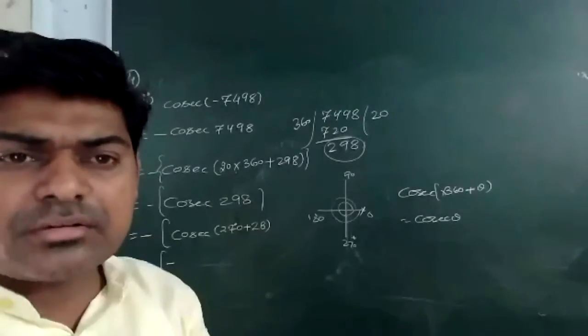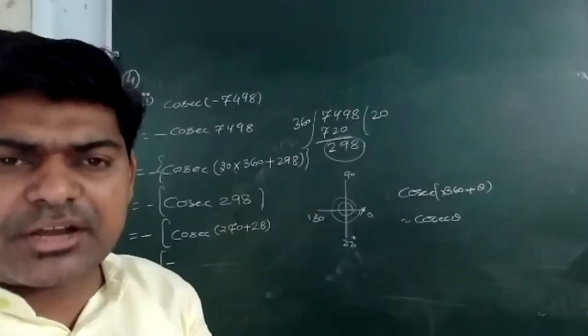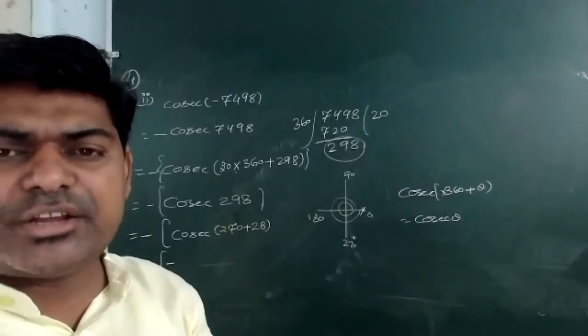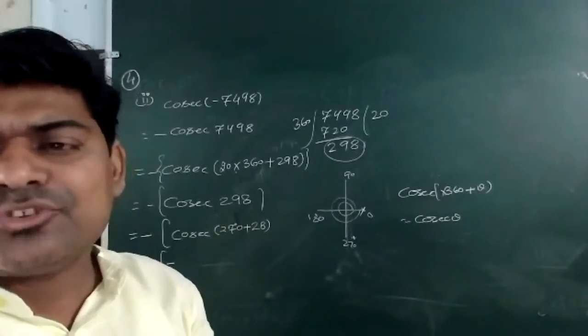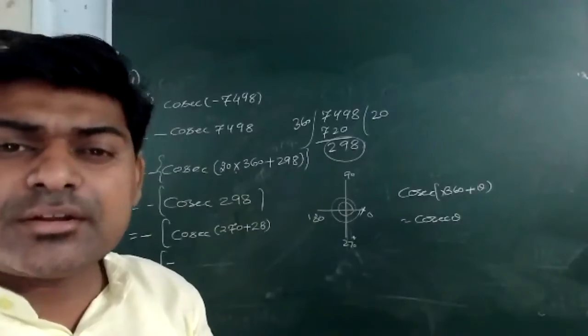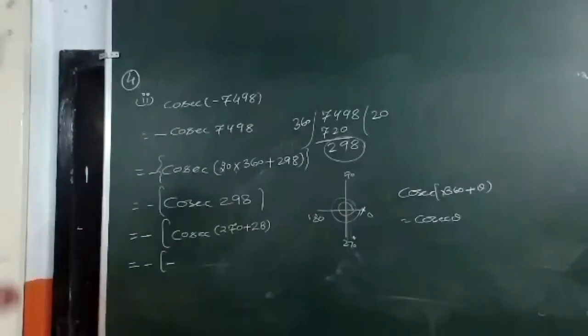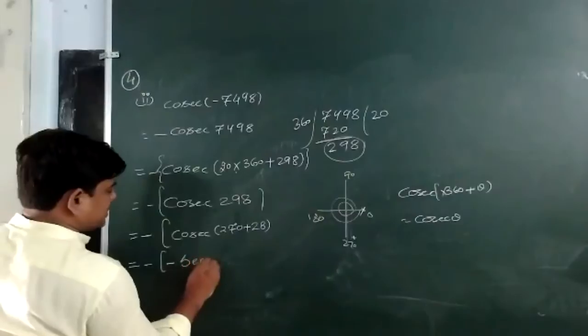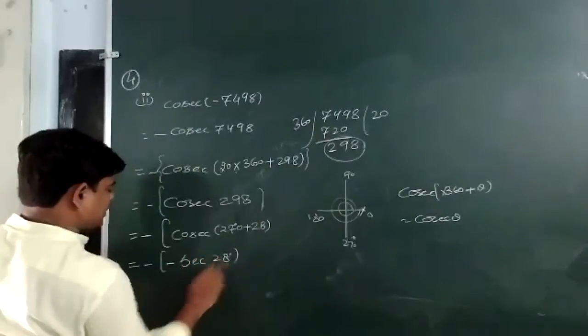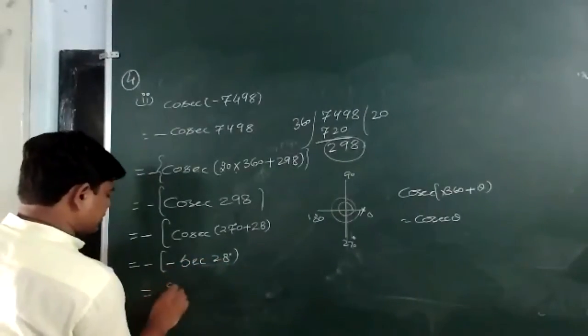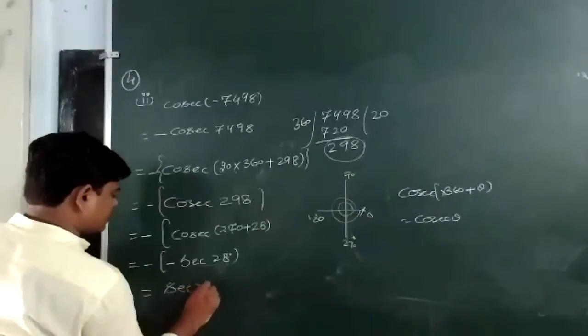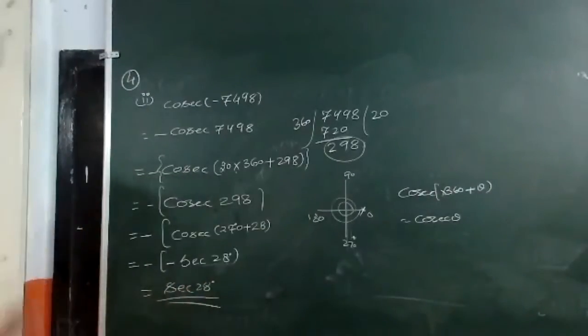I think it should take. Changing will take place because I told you with 90 and 270 changing will take place. So cosec will convert into sec. What should I write? Sec 28 degree. Then minus minus plus, so sec 28 degree. This is the question.